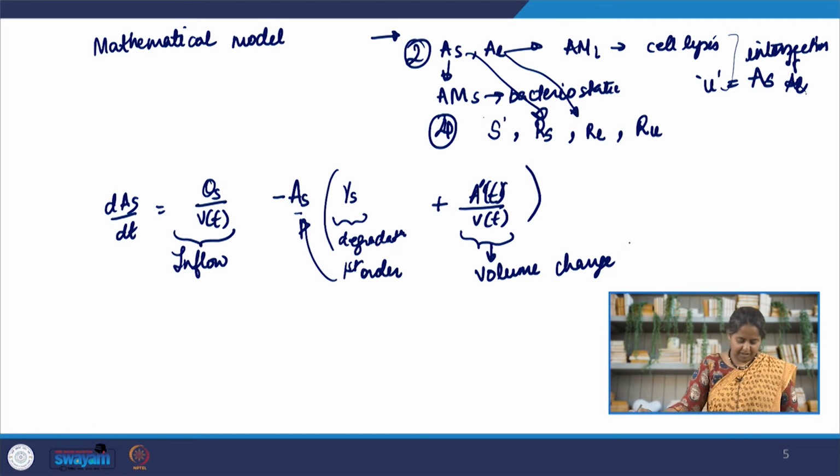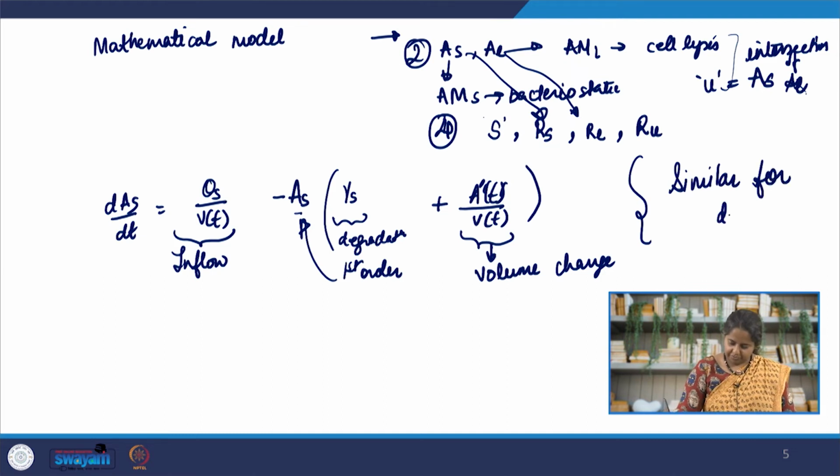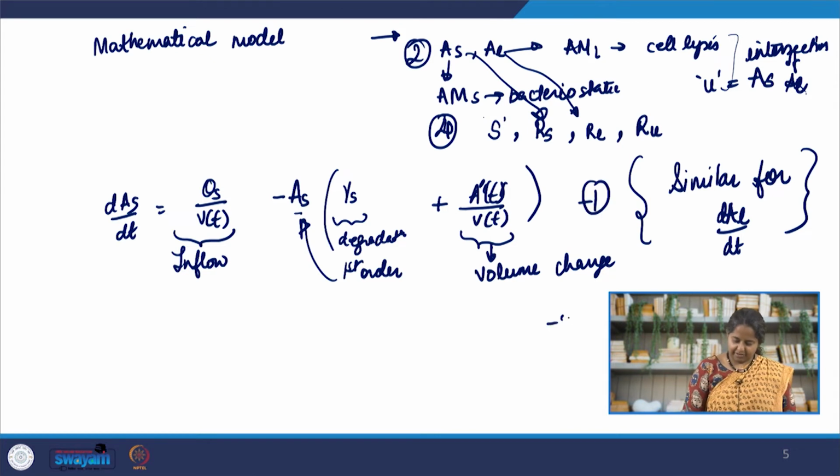Okay. Now, we can write similar equation for bacteriolytic antimicrobials, dAl by dt. So, I am not going to repeat that. This is one and this one will be the second equation.